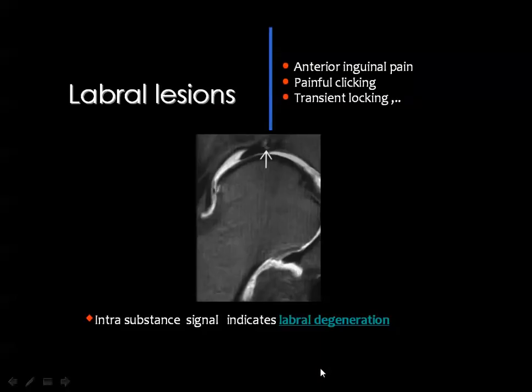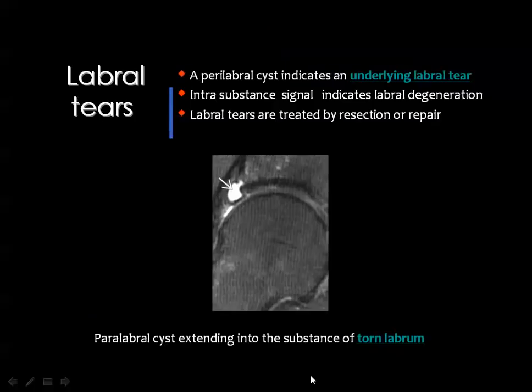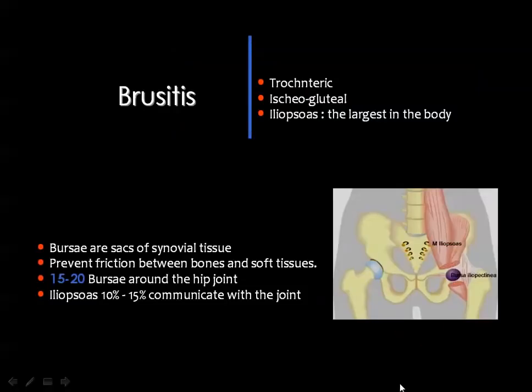Then if you see some signal changes within or at the base of the labrum, if the signal is intermediate, you think of degeneration. If it is bright or of fluid signal, you think of tear. Also, if you identify what is known as a paralabral cyst, this cystic or localized collection of contrast at the site of the labrum is an indication of labral tear.